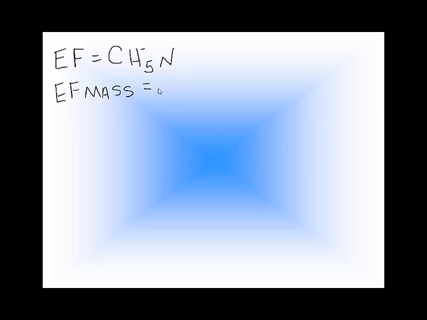A couple of things I'm going to write down, what's given in the problem. They give me the empirical formula of CH5N. The empirical formula's mass is 1 carbon, 5 hydrogens, and a nitrogen. Add them up, and that's 31.07 grams per mole.